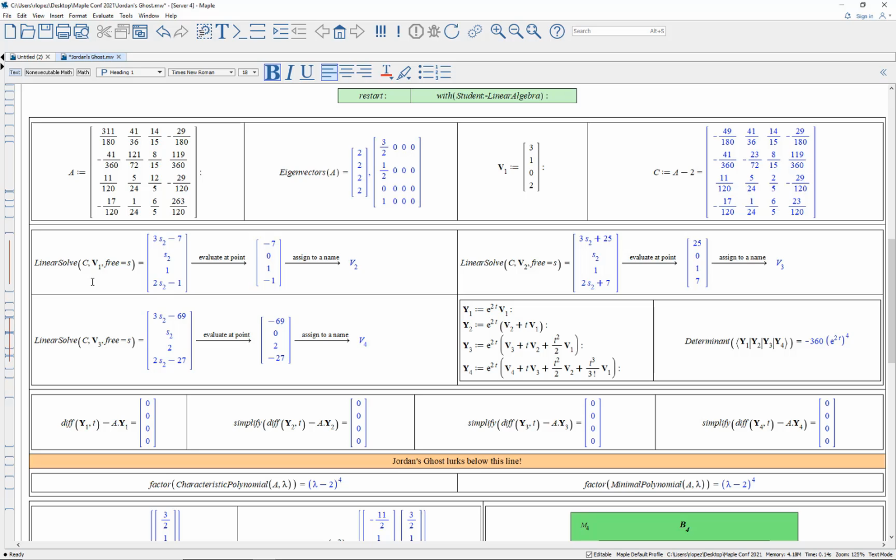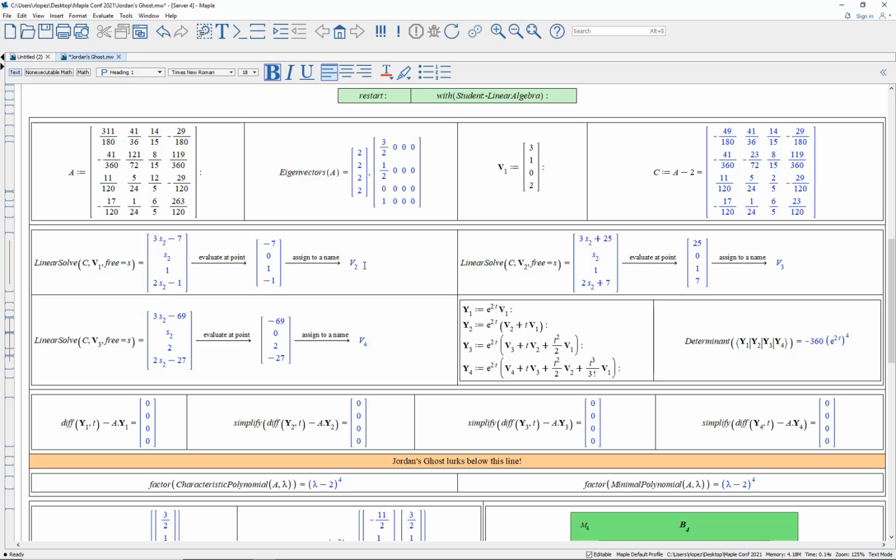So this is going up the ladder, naive approach. You want to solve A minus lambda I times v2 equals v1. Well, linear solve is the appropriate tool. You get a free parameter. I have chosen it to be 0. I've called the resulting vector v2.